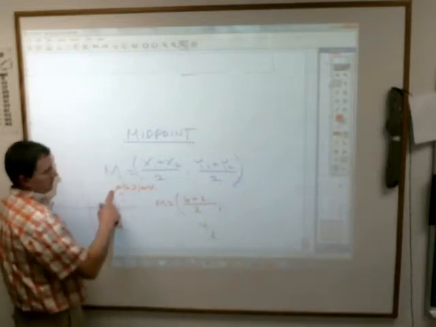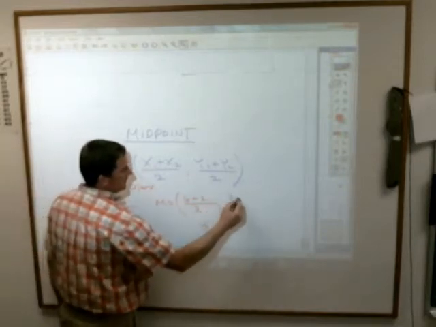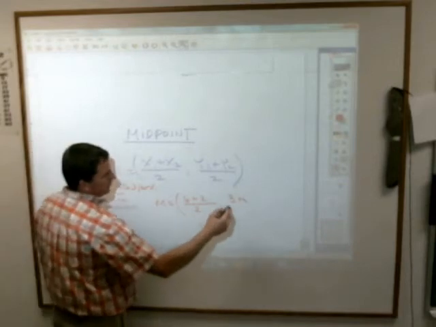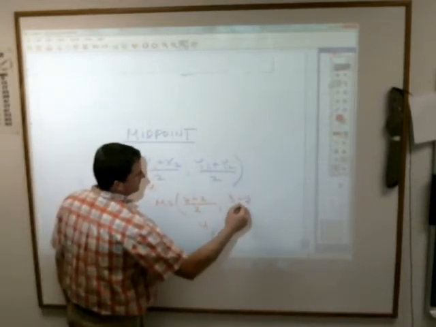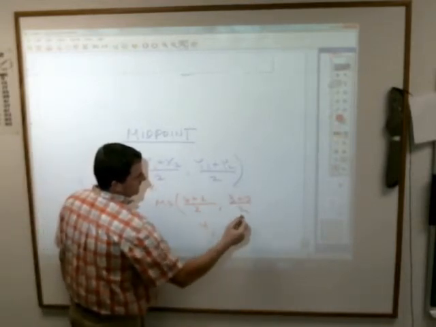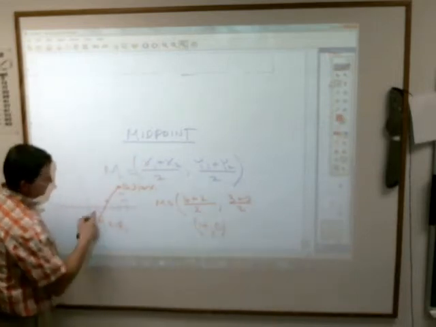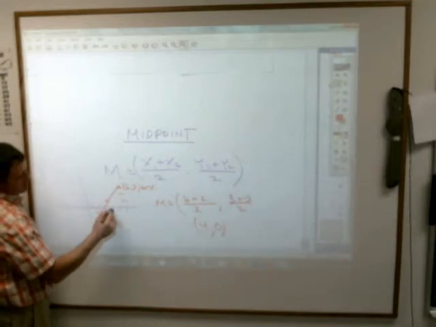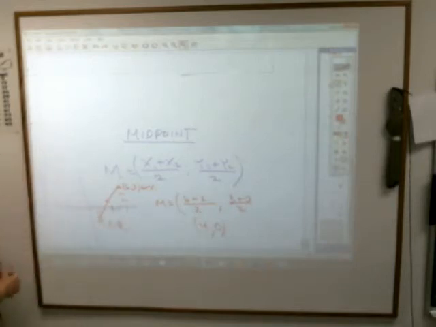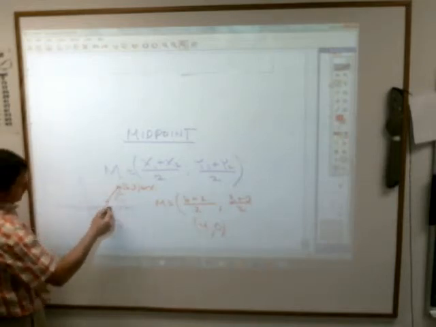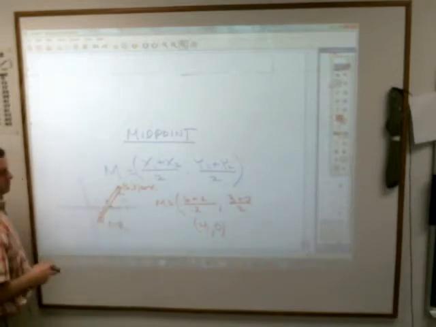And then I do the same thing for y, which is 3 plus a negative 3, which is 0, and 0 over 2 is 0. This 4 comma 0, 1, 2, 3, 4 comma 0, should have been my midpoint. I just drew my line a little goofy. I just missed my line.